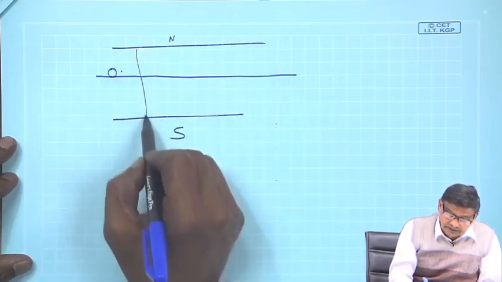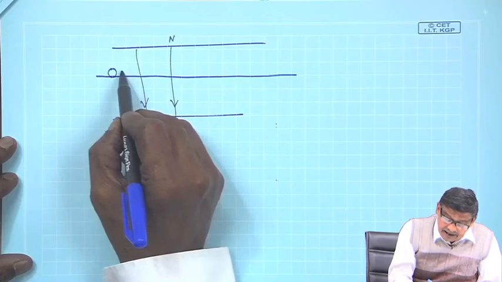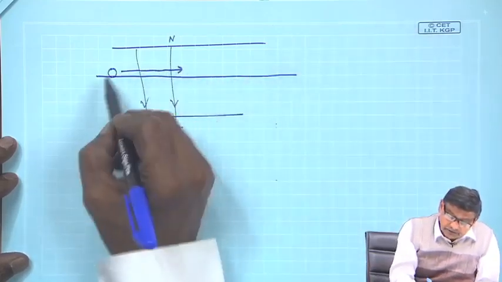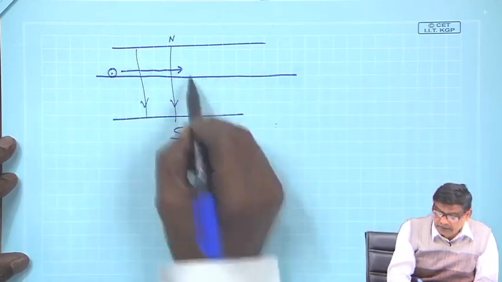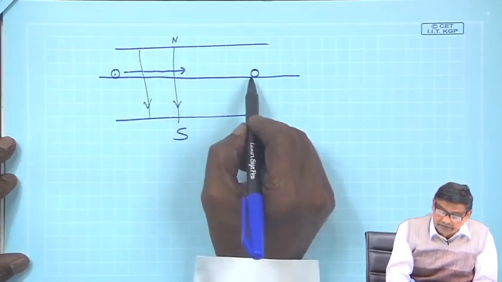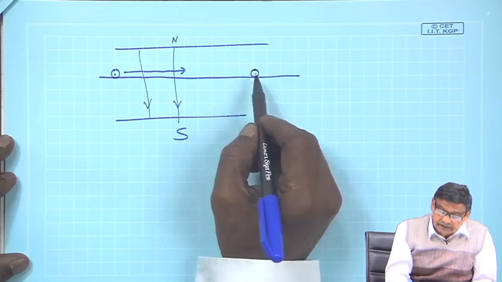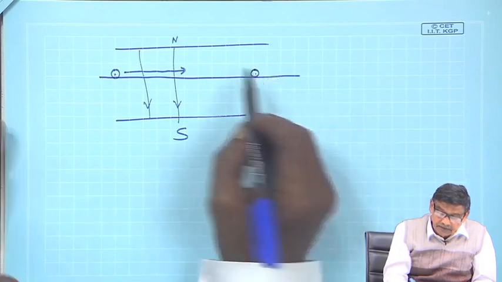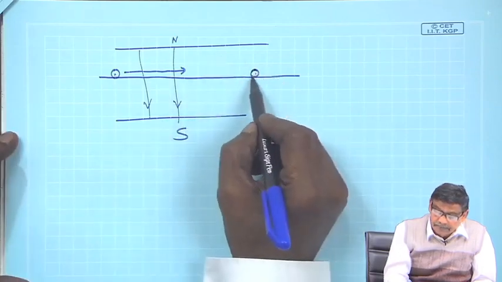So, lines of force are like this, and it was accelerating. You have closed some switch. Now, you understand what I am talking about. It is moving, then it reaches a final velocity V, and the current is 0 after a sufficiently long time.